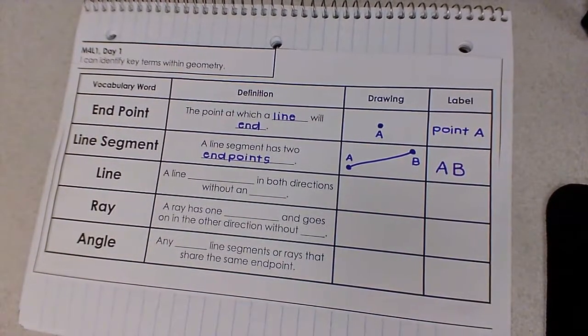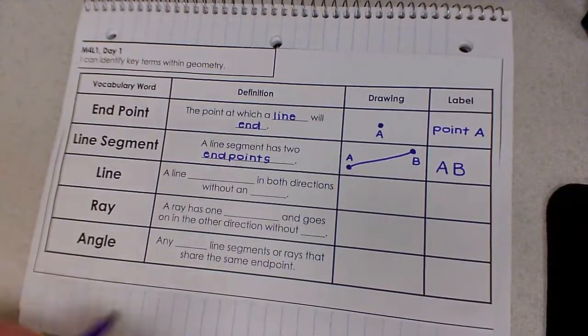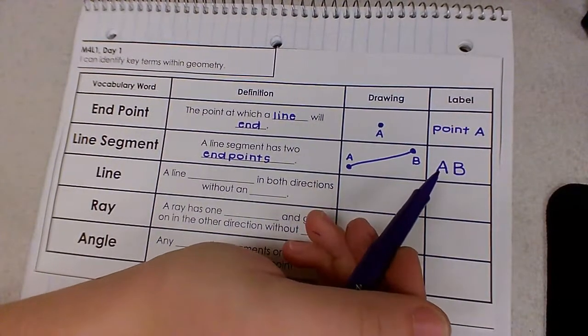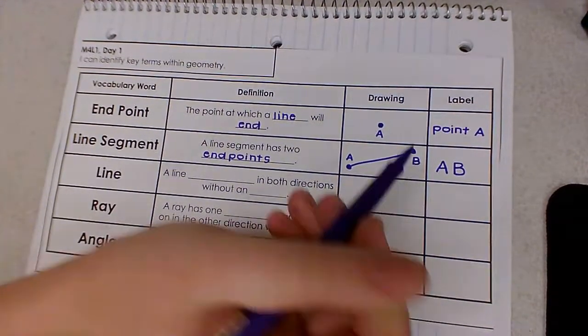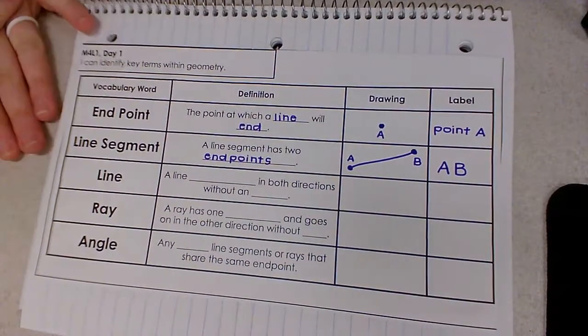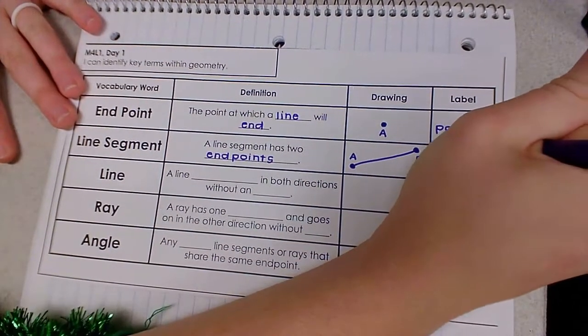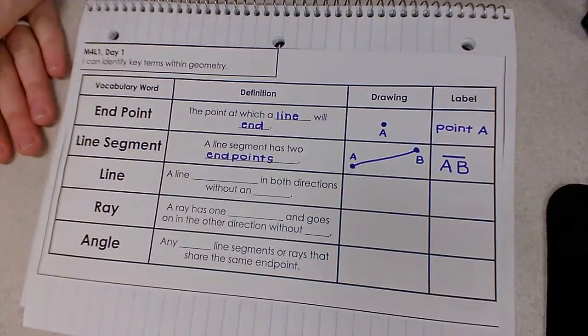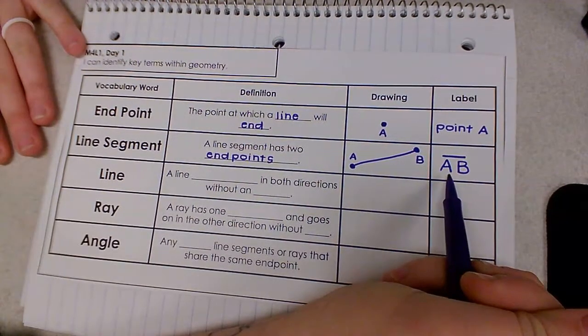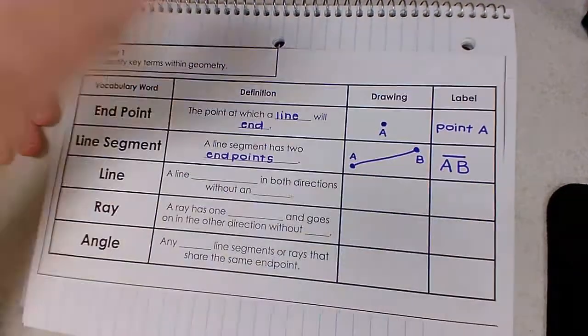But you could also have line AB and ray AB. So we need to make sure that we draw a mark that shows whoever's looking at this that this is a line segment, something that starts and ends with two endpoints. And we do that by drawing a line across the top of the two letters that begin and end. This label represents line segment AB.